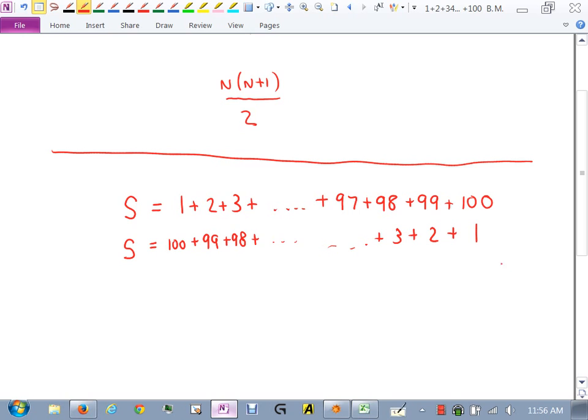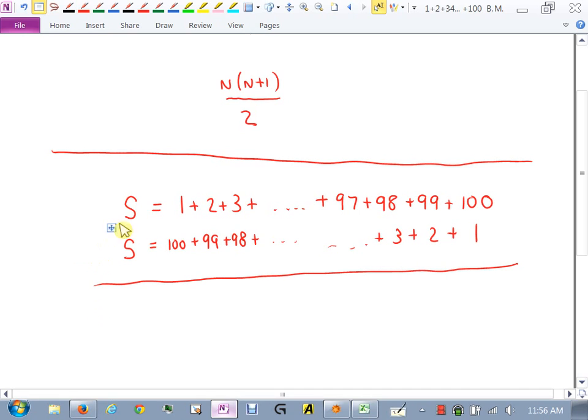And then Gauss said, well, wait a minute, hold on. If I add these straight down, S plus S should give me 2 S's. 2 of the sums that I'm looking for should be equal to each one of these added down. So what's this? 101. What's this? 101. What are all of them? 101. How many do you have?